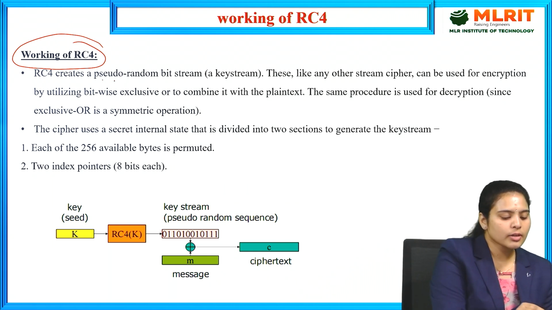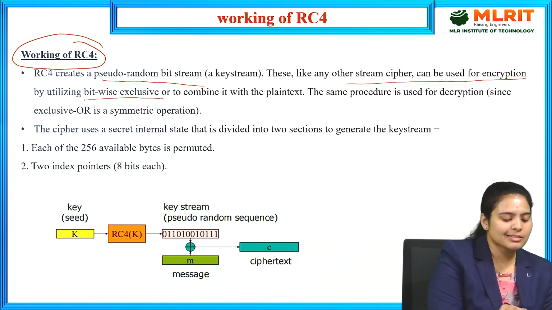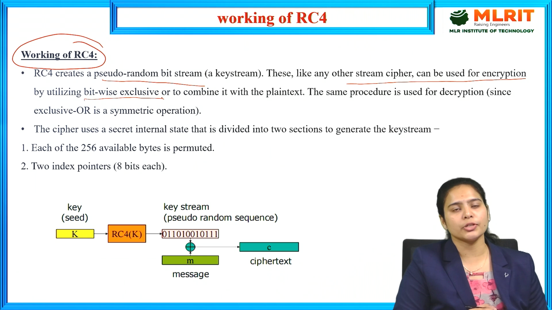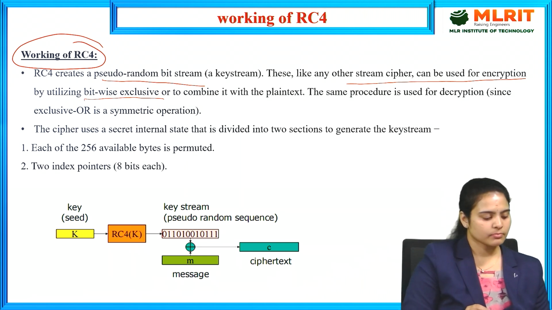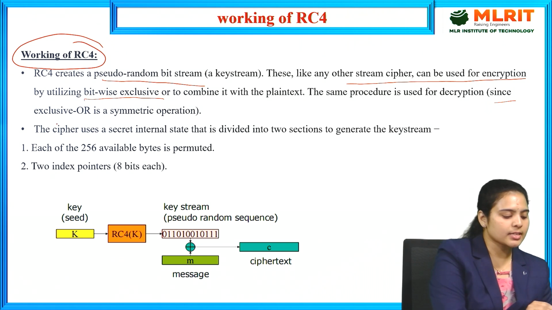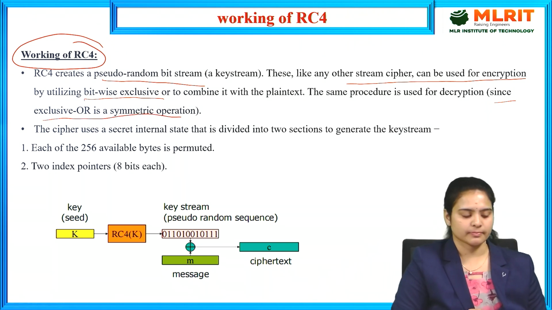It is a pseudo random bit generation. The stream cipher can be used for the encryption process bitwise, exclusively combining it with the plain text. The same procedure will also be used for the decryption process. Any of the processes will be used for both encryption and decryption. Here we use an exclusive OR operation, which is a symmetric operation.